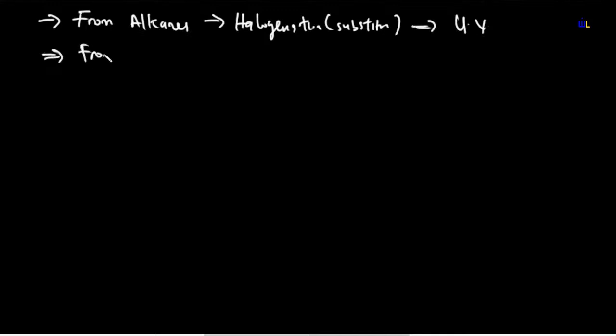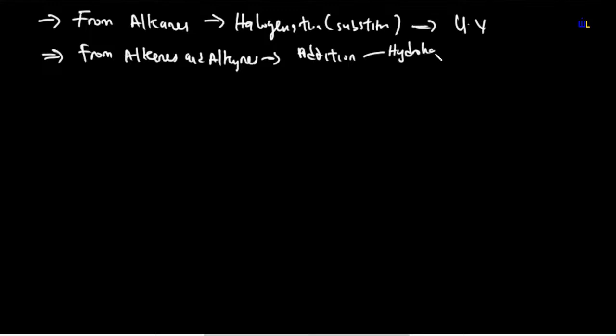If you are dealing with alkenes and alkynes, we said that the reaction is going to be addition. We now further explain that if you are dealing with hydrohalogenation, it has to follow Markovnikov's rule.